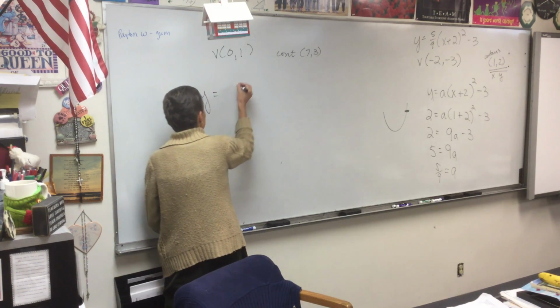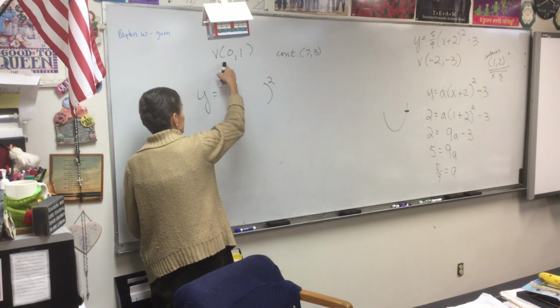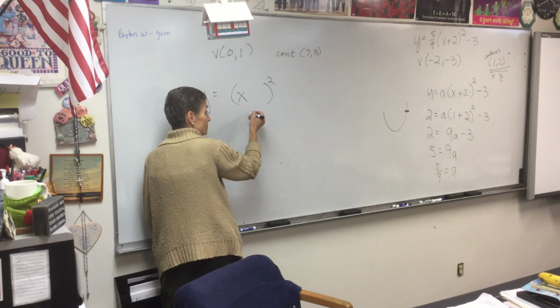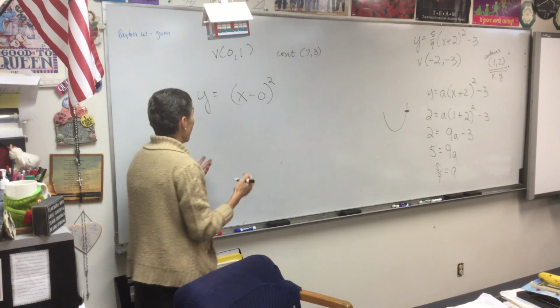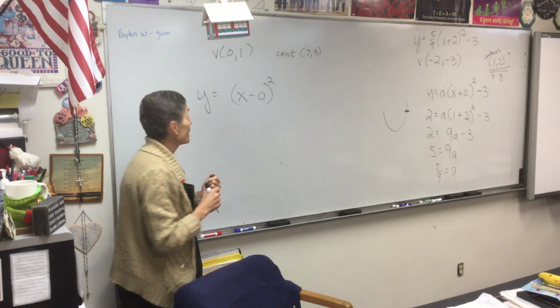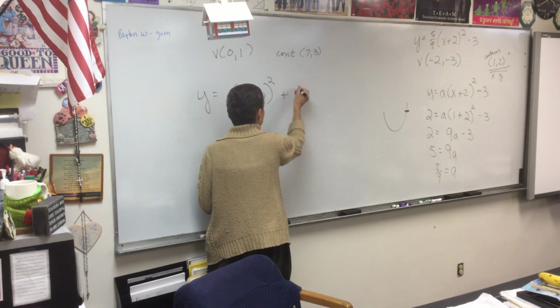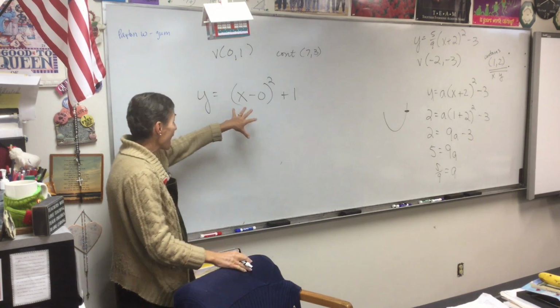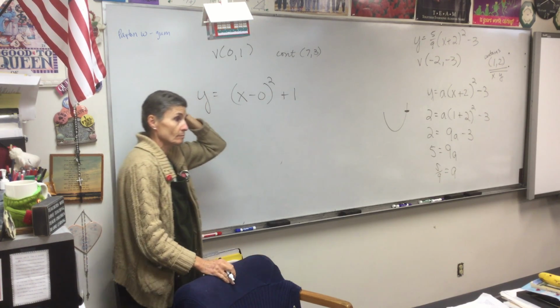Y equals, I have a parentheses squared. What's going to go in that parentheses? X plus 0 or minus 0, right? It doesn't matter. Or if you'd rather just write x squared, that's fine. And then what about that? Plus 1. There you go. Does that equation have a vertex at 0, 1? Yes.